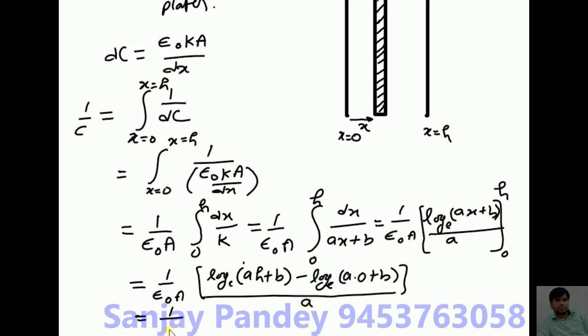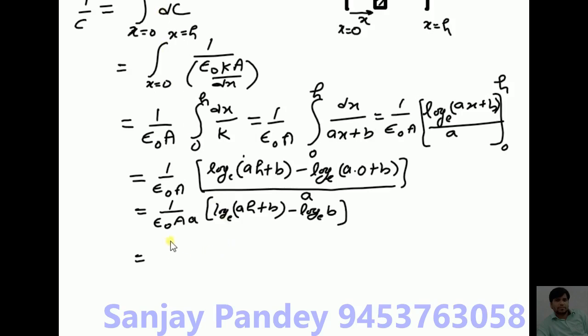It will be equal to 1 upon epsilon naught A, small a, into log base e (ah plus b) minus log base e b.